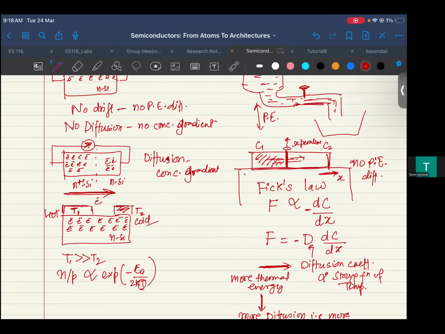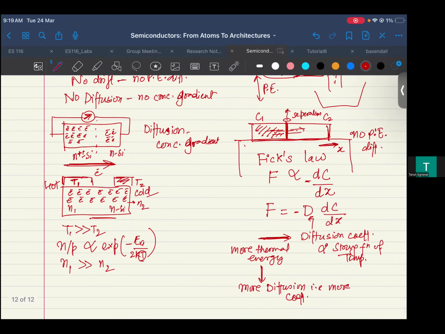So where the temperature is higher, your N1 is going to be much, much higher than your N2, right? This is N1, this is N2. And because of that, you will again see that electrons will move from left to right just by applying different temperatures at different sides of the semiconductor.